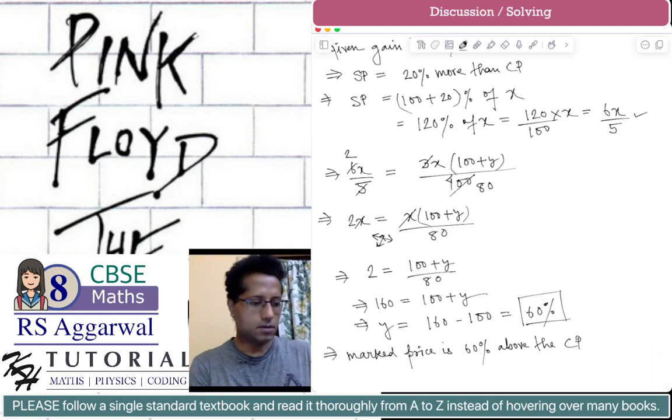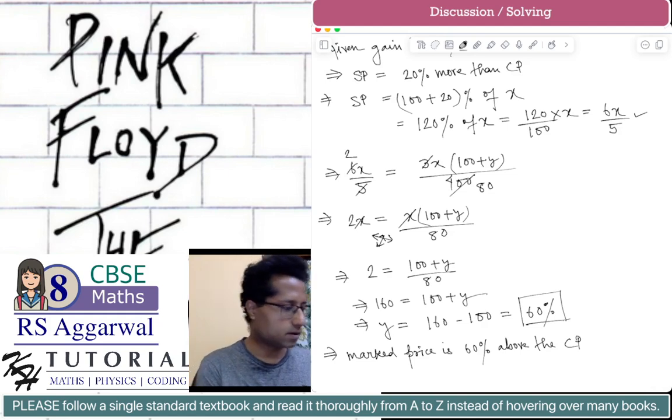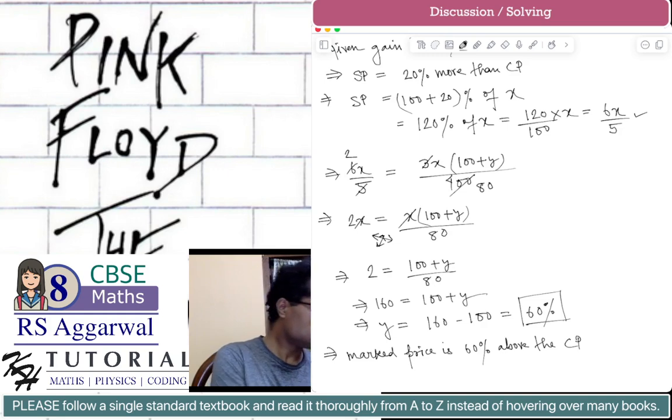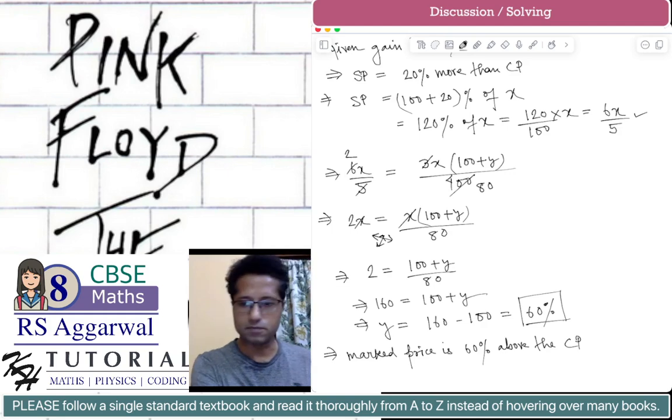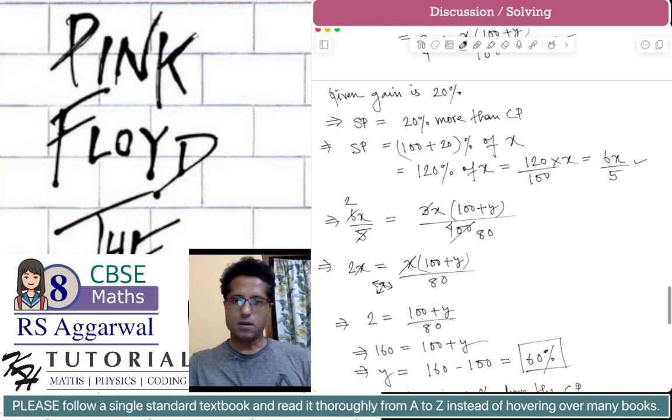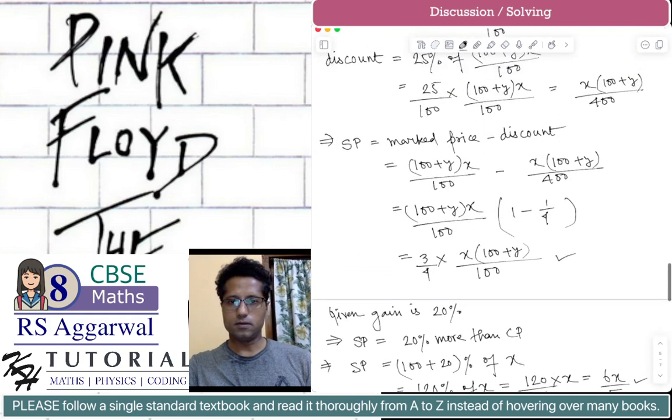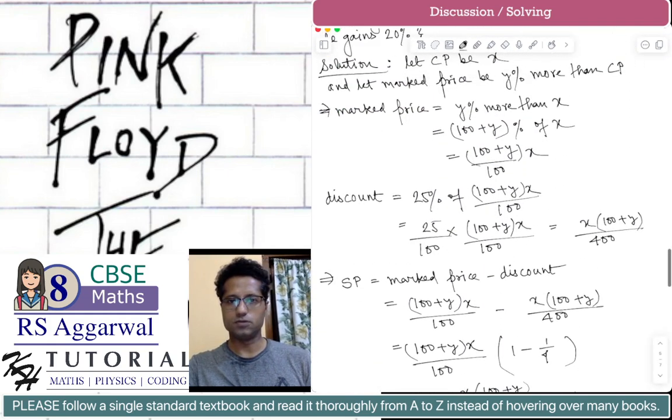Even though I do not really care about the correct answer, it is always good to check whether the answers are correct or not. Okay, so the last question, number 4, 60% is correct. Now you can take a screenshot of the solution.